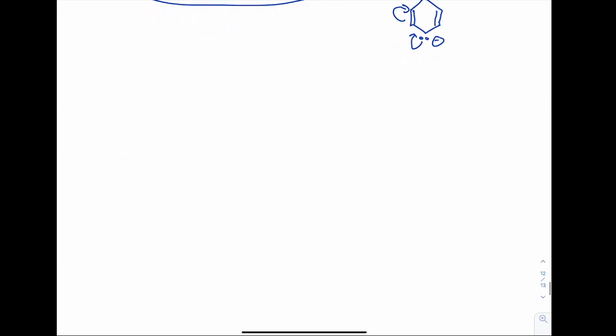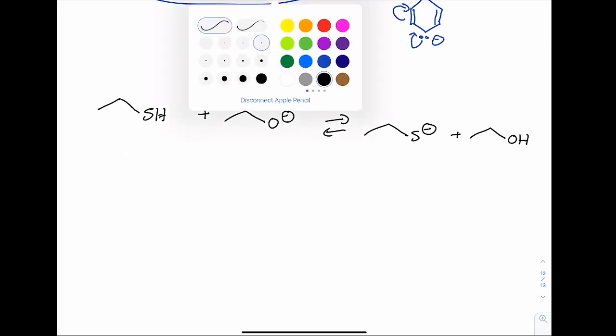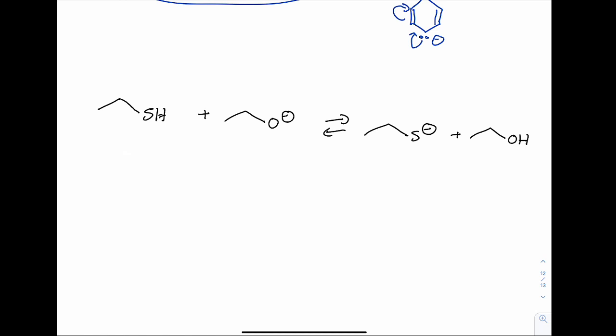Another example. So same sort of idea, we want to know which direction is favored at equilibrium, just given this, not given pKa values or Ka values.